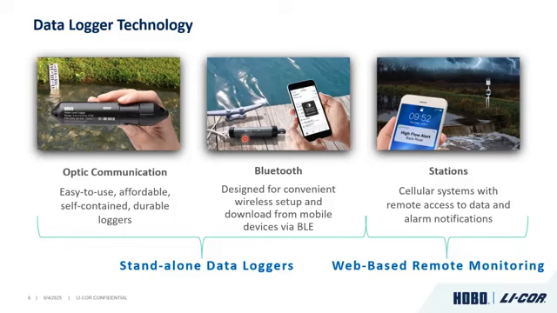Between these three options, we really started with optical communication. You see it over here on the left. Those utilize a desktop software, whether it's your laptop or desktop. We have a HOBOware Pro software that will utilize a USB offload, whether direct connect with the USB cable, or it uses some of our optical interface to hook up via USB as well.